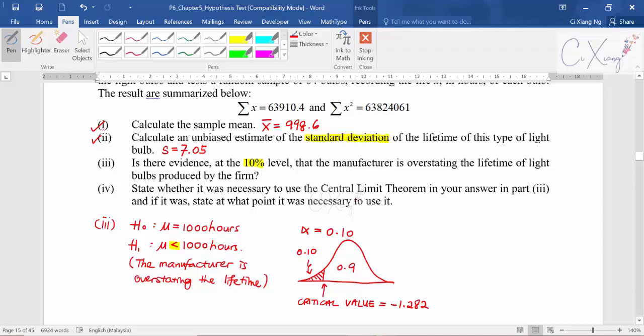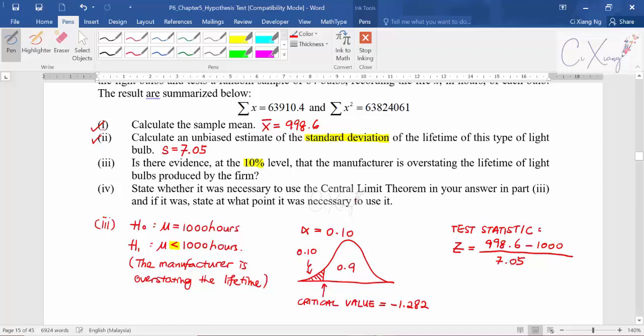Now I proceed to the third step, where I need to calculate the test statistic. Z equals sample mean, which you calculated just now, 998.6, minus the population mean 1000, divided by the standard deviation, which is 7.05.